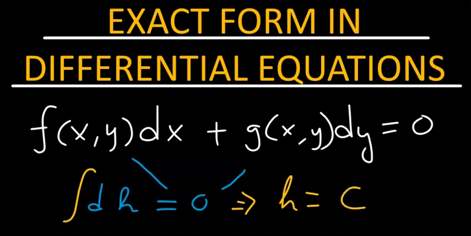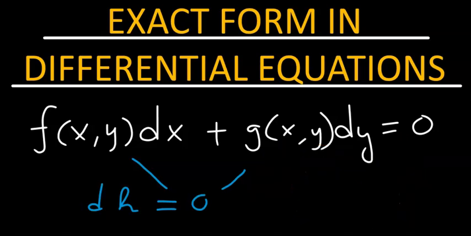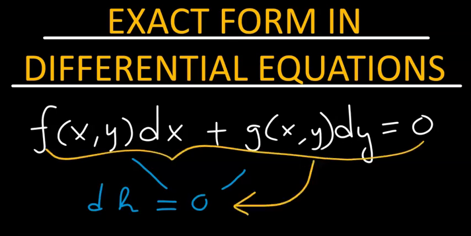It must be remembered that h is a function of both x and y, so this is the solution of that equation. This is the idea of exact form in differential equations. The main challenge of this technique is to convert this form into that form.